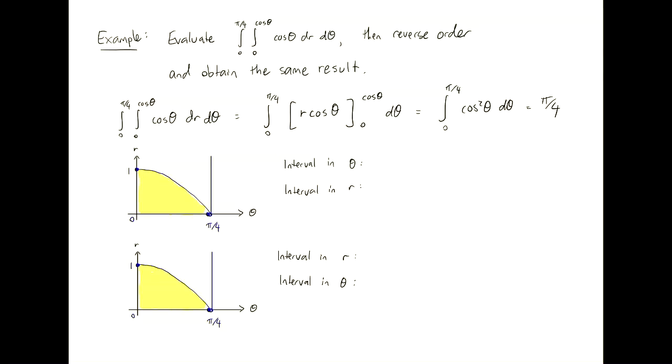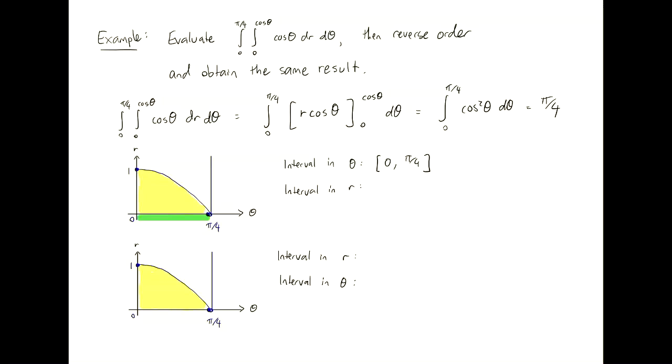So our interval in theta is 0 to pi on 4. So that is this thing here. Theta goes from 0 to pi on 4. Now, you probably thought I was going to do this out in polar coordinates. But remember, that is just one perspective. In some sense, we're looking at a rectangle in r theta space.